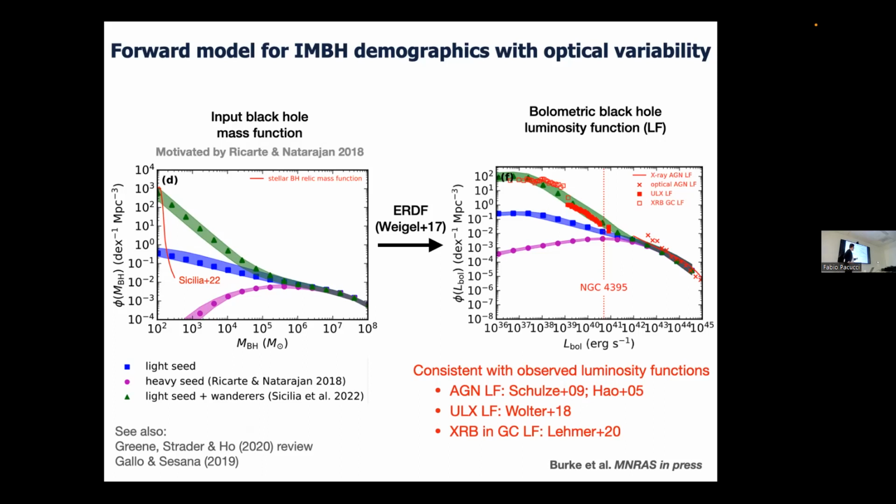And so to do that, I use the luminosity functions from ultraluminous X-ray sources, which are like the HLXs, but not quite as luminous. And as well, X-ray binaries in globular clusters from these two papers here. And so take this with a big grain of salt. I mean, these luminosity functions are measured for a handful of nearby galaxies with really good data. And it probably depends on the star formation properties of the galaxies and things like that.